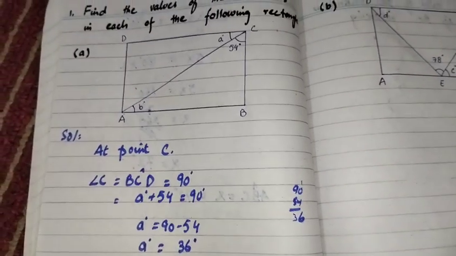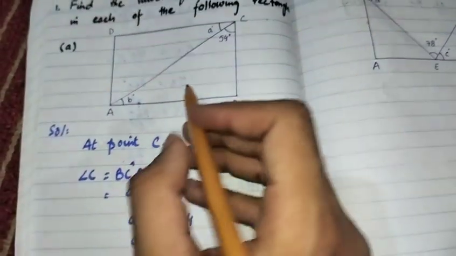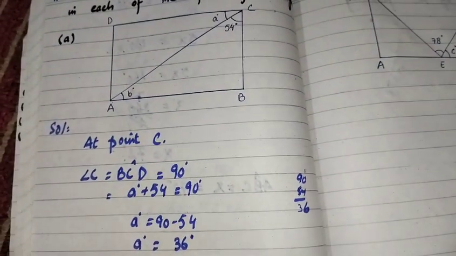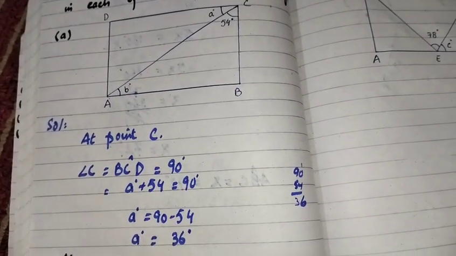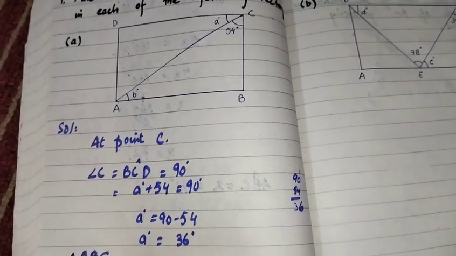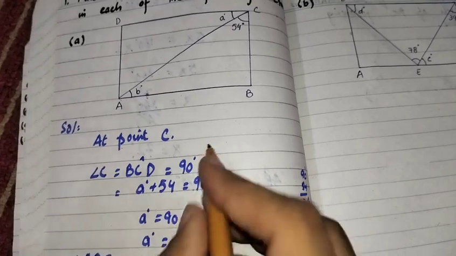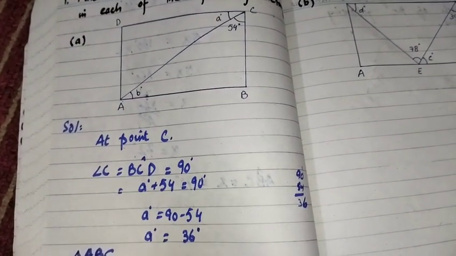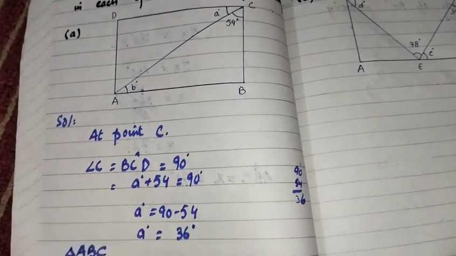Now finding the second unknown. The second unknown is B. To find B, we will consider triangle ABC. In triangle ABC, angle B plus 90 degrees plus 54 degrees will make 180 degrees.